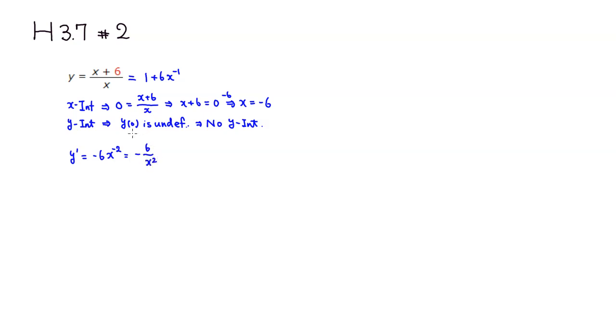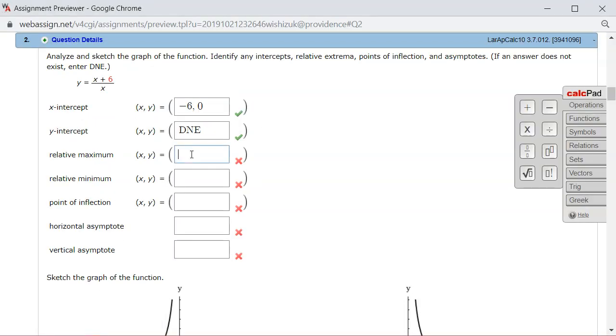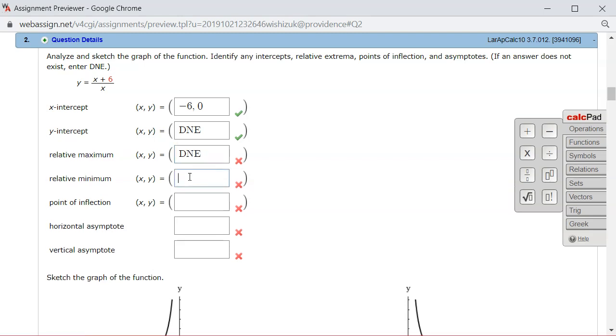You can see that this is never equal to 0, which means that there is no critical number to test, so we don't have a local maximum or local minimum. Local maximum does not exist, and local minimum does not exist.